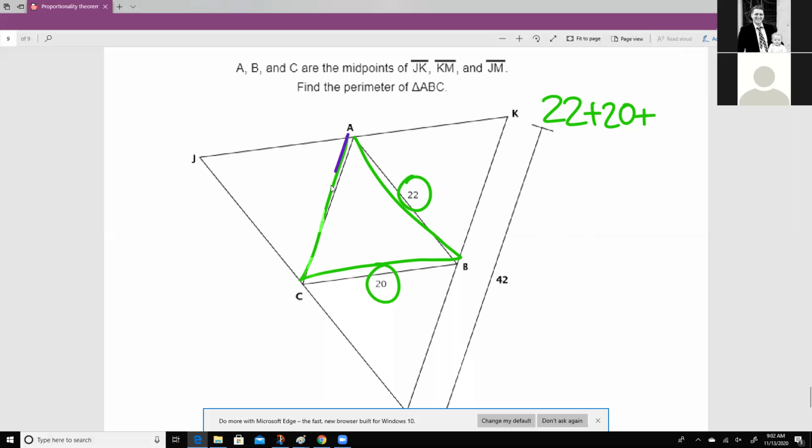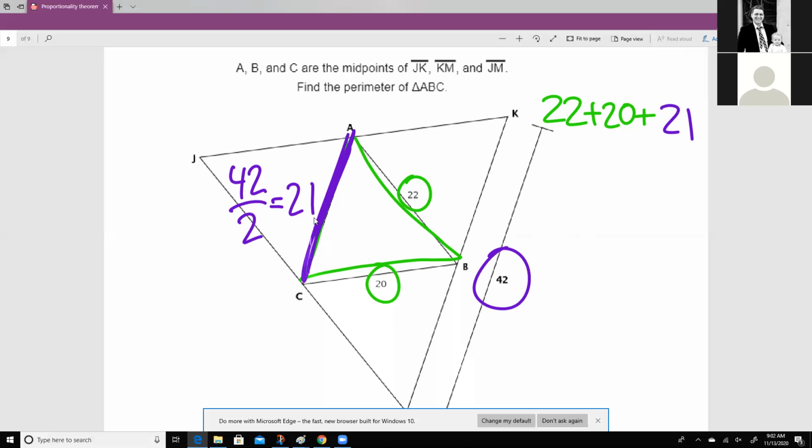And it's this side, AC. Now I know over here is 42. So I'm going to take that 42 and divide it by 2. I'm going to get 21. And we'll add all of those up and we'll get 63. Okay, so we get a different answer. Anyways, that's how we use the triangle proportionality theorem and the mid-segment theorem in order to solve for perimeters.